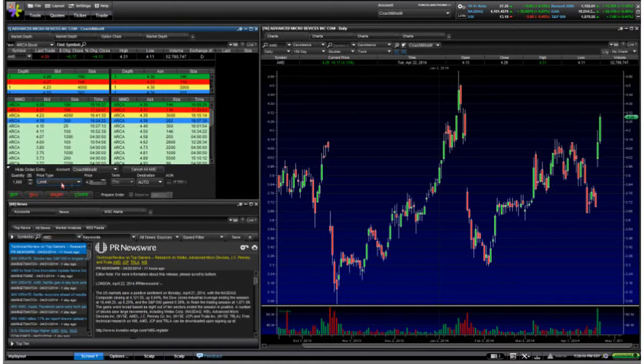Now you notice when I switch here from limit to market, my price grays out. I can't change it anymore. Anybody know why that happens? Let's talk about what a market order is. When you place a market order to buy a stock, you are actually, believe it or not, giving your broker the right to purchase on your behalf the amount of shares you have requested at any price.